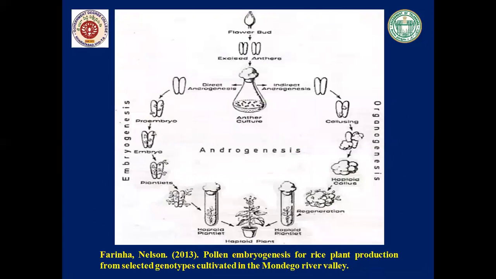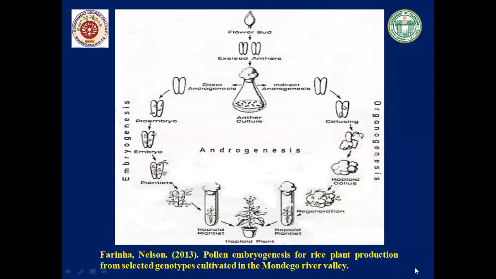Now we'll see what is organogenesis and what is embryogenesis. Organogenesis is also known as indirect androgenesis, where callus formation takes place, and from that you can see the development of organs and a regenerated haploid plant. In the direct way, that is embryogenesis, embryoid formation takes place, and the embryo, also known as the proembryo, later develops into an embryo, and then you see plantlets, which are haploid plantlets.